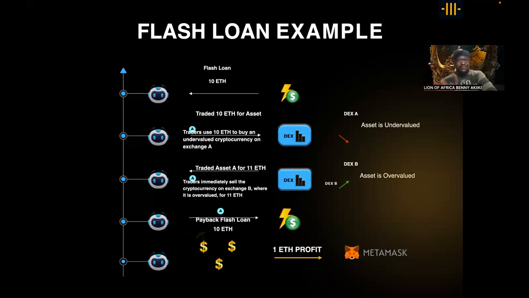So the 10 Ethereum is taken on a certain market, an exchange, a DEX. It will buy cryptos that are priced at a lower value, and it will immediately take these cryptos to another exchange, where the same cryptos are priced at a higher value, and immediately sell and make 11.